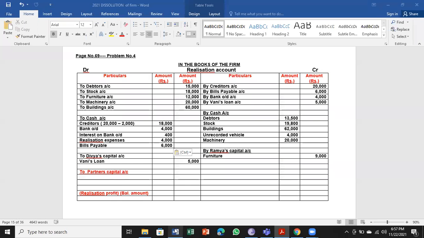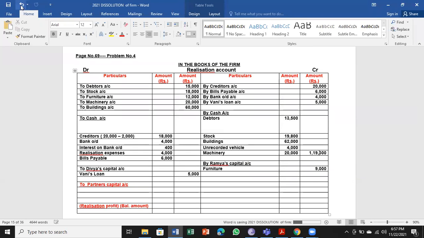So let us go for balancing the realization account. For that, let us total the assets first. How much money has been received by the business? You also can check it up. 1,19,300 has come.